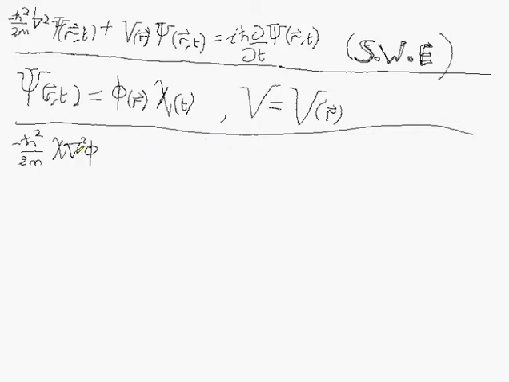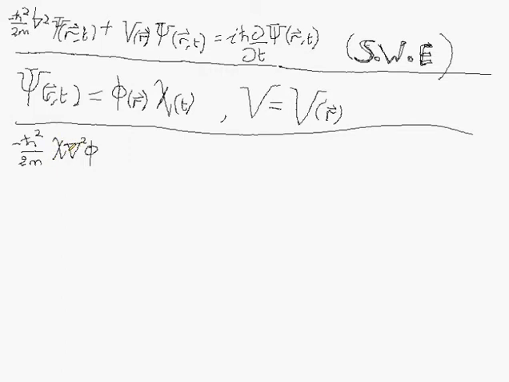But since chi does not depend on position, its Laplacian would be 0. So we're just left with the second term, chi Laplacian phi. Actually, sorry, I'm slightly wrong.